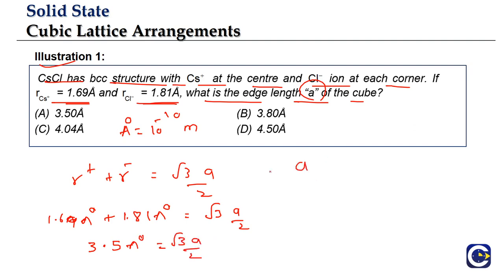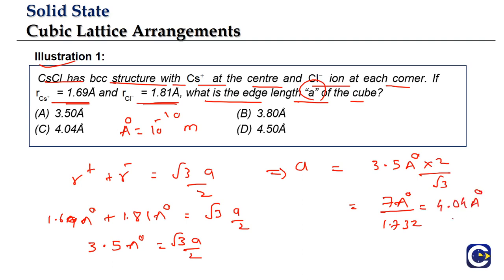A will be finally 3.5 angstroms into 2 by root 3. So this will be 7 angstroms by 1.732, because root 3 is 1.732. Approximately this will be some 4.04. That is the value, so the correct answer is Option C. So these are the kind of questions we can expect.